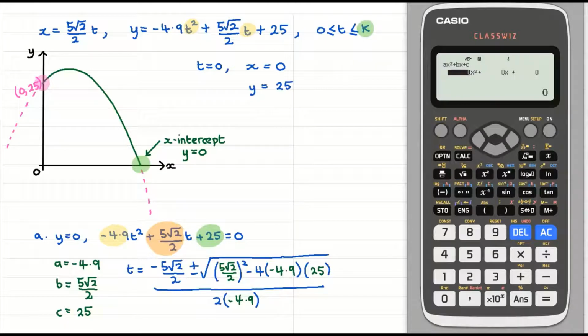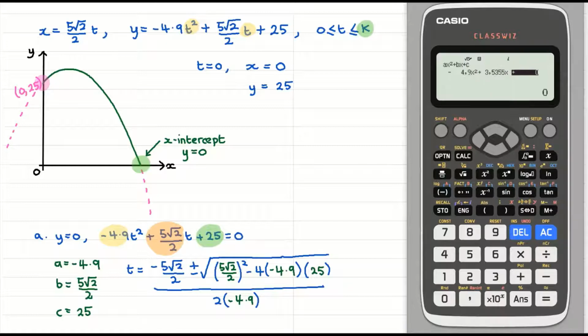Okay, and we have ax squared plus bx plus c. So we plug in our coefficients for a, b, and c. Don't worry that it's an x variable. That's just standard. We're going to call it t in this situation. So we put all our numbers in. We have negative 4.9, press equals. We're going to have 5 lots of root 2 over 2.